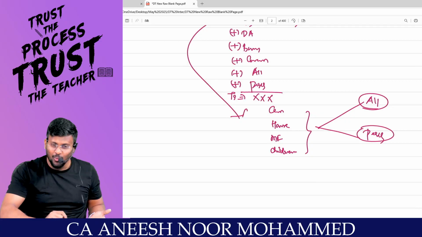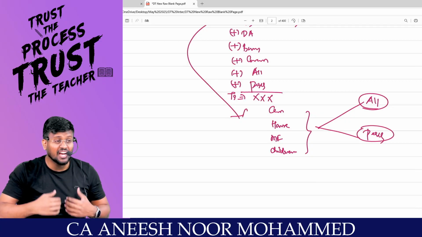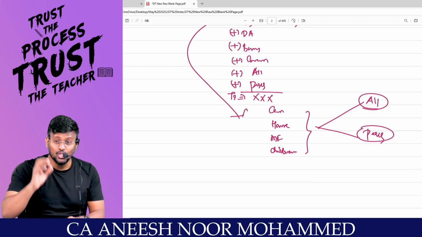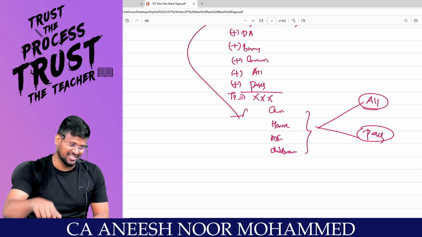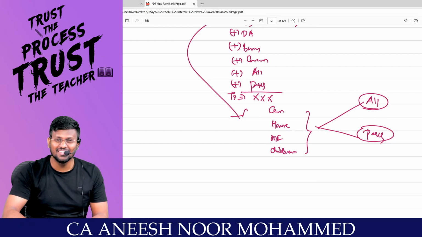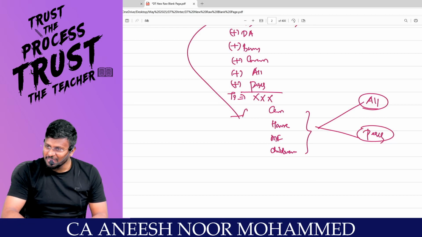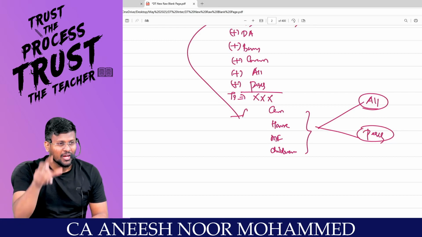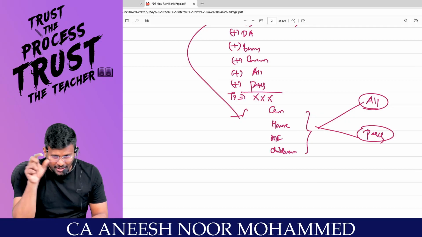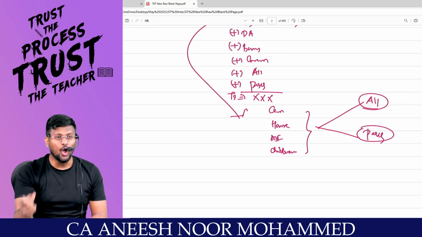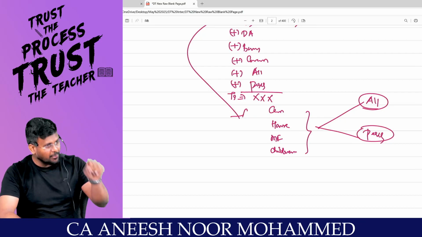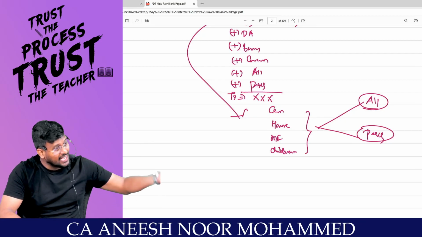Sir, now the employer has such a big heart, because he gave the car and also paid the tax. Now the villain is the government. Are you all really with me? Because what is the government going to do? The government is going to include the tax paid by the employer on behalf of the employee in the total income of the employee.